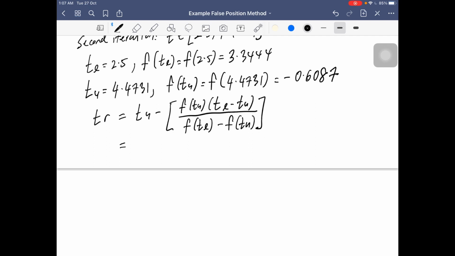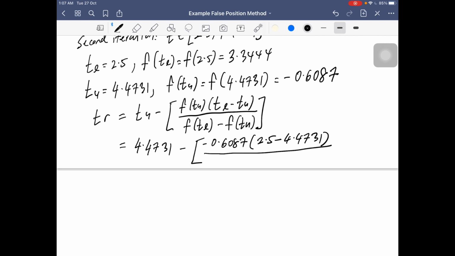So here we have 4.4731 and then minus negative 0.6087 multiplied with TL minus TU, so 2.5 minus 4.4731, and then divide with FTL, 3.3444, minus FTU, negative 0.6087.